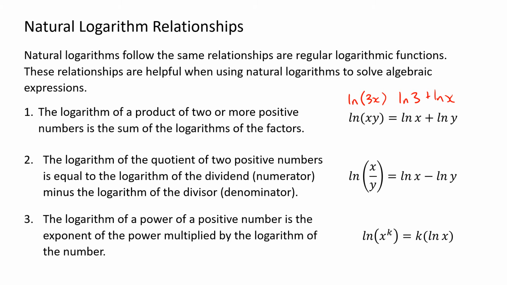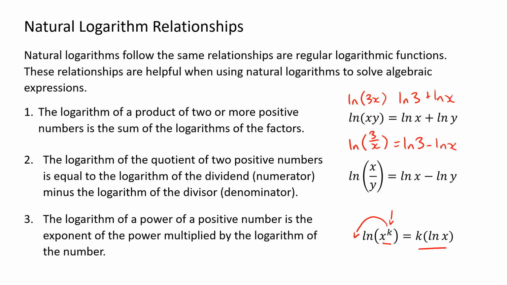If you have ln of x over y, again using 3 divided by x, so the ln of 3 divided by x instead of 3x, it'd be equal to ln of 3 minus ln of x. So it's always the ln of the function in the denominator subtracted from the ln of the function in the numerator. And again, just like we had in the past, the ln of some function x raised to an exponent, in this case k, the exponent can move in front of the ln function and be multiplied by it.